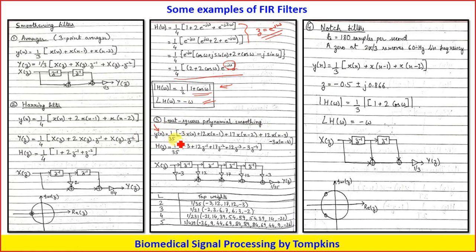So here, if you see, we have y of n equals 1 by 35 (minus 3 of x of n plus 12 of x of n minus 1 plus 17 of x of n minus 2 plus 12 of x of n minus 3 minus 3 of x of n minus 4). Okay. So if you find from here, you can find out the transfer function of the system, and then you can realize the system. Okay.